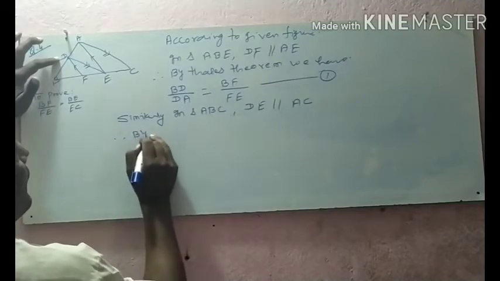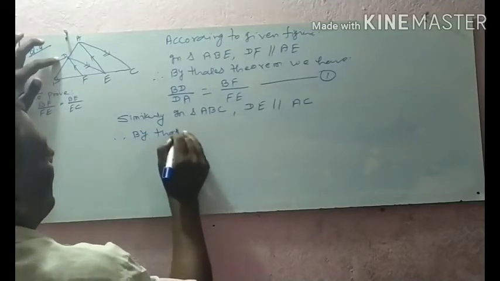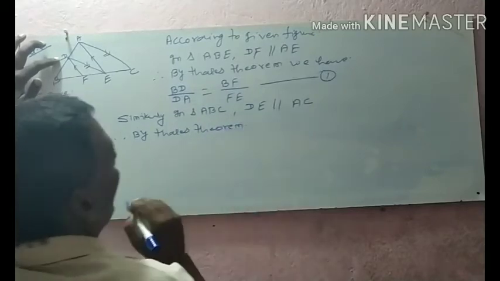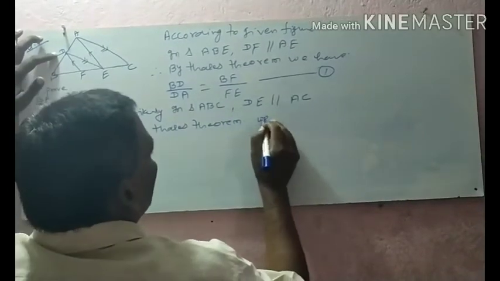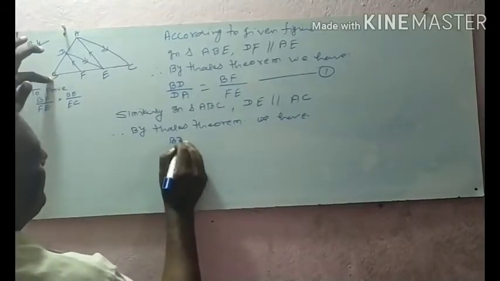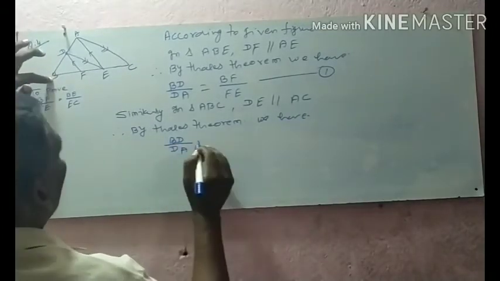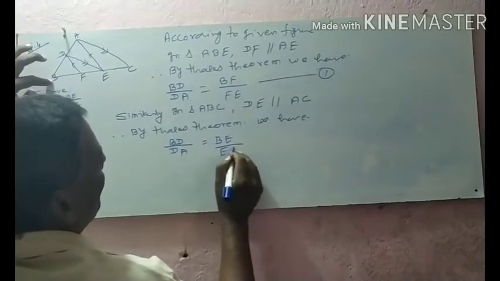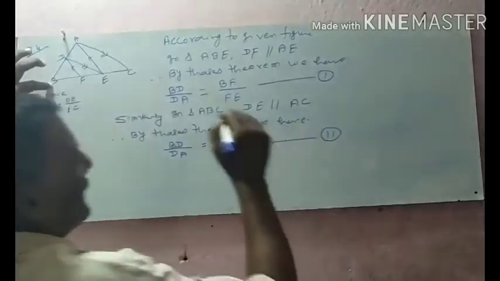Therefore, by Thales theorem, we have BD by DA is equal to BE by EC, equation second.